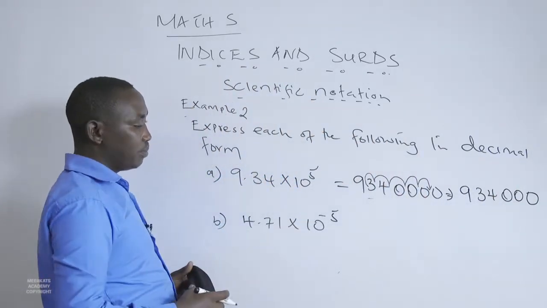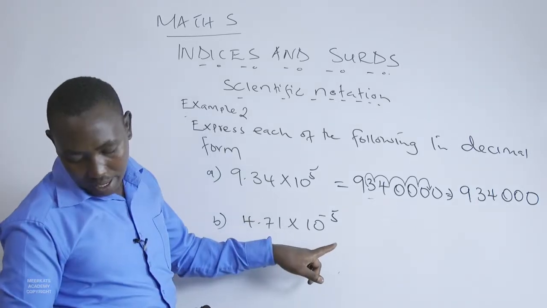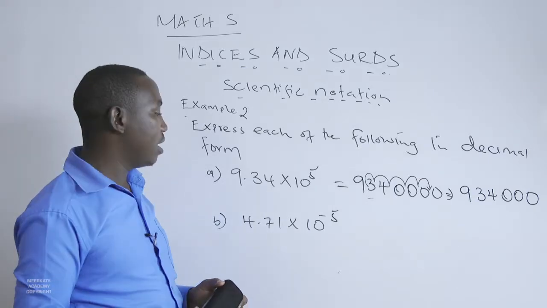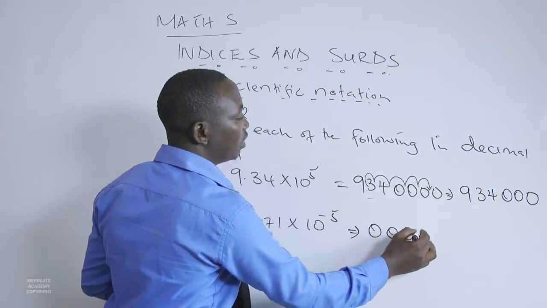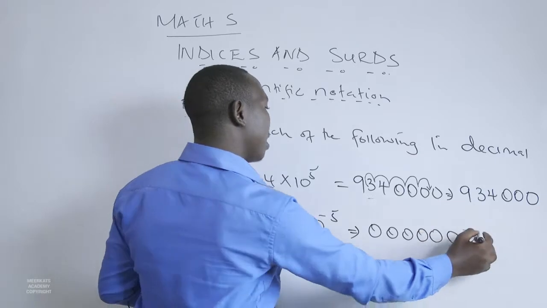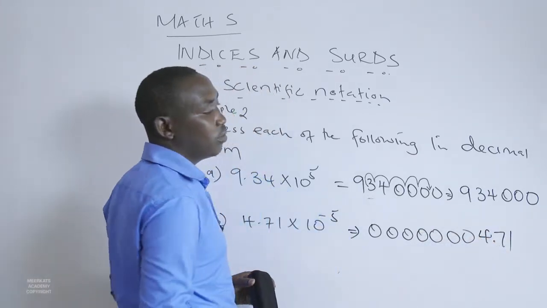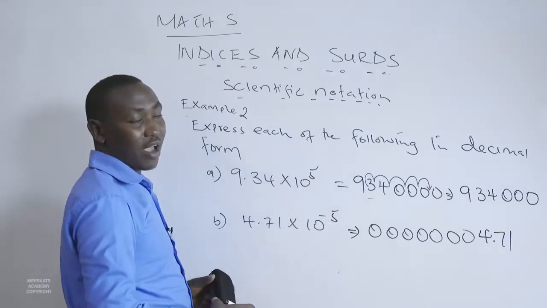Now for this one, we have 4.71 times 10 raised to negative 5. That means if we had so many zeros before, then we have the number 471, and initially the decimal point was here. We need to move back how many steps? 5 steps.